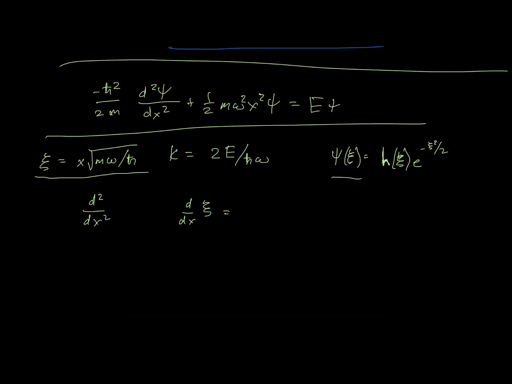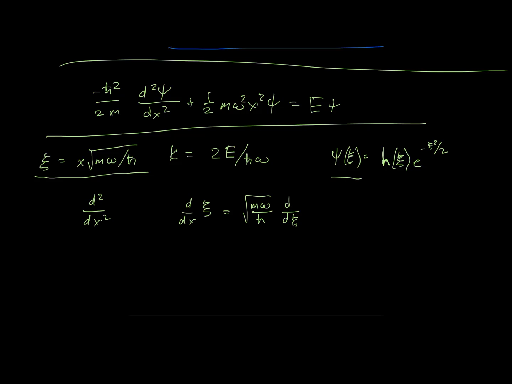And so that's going to give us just square root of m omega over h bar times d over d xi, okay?